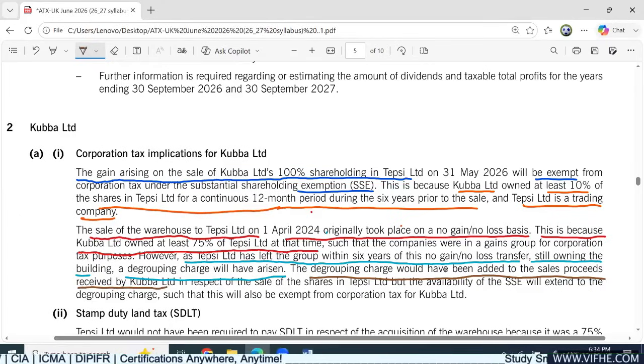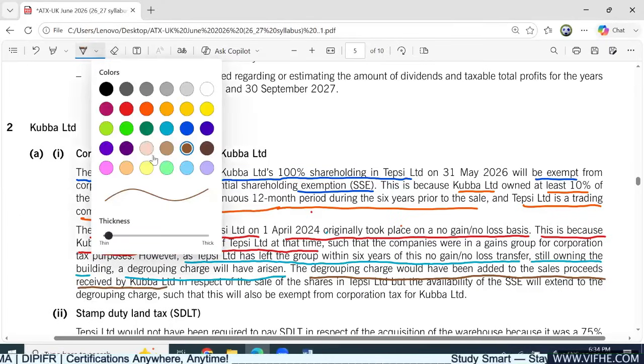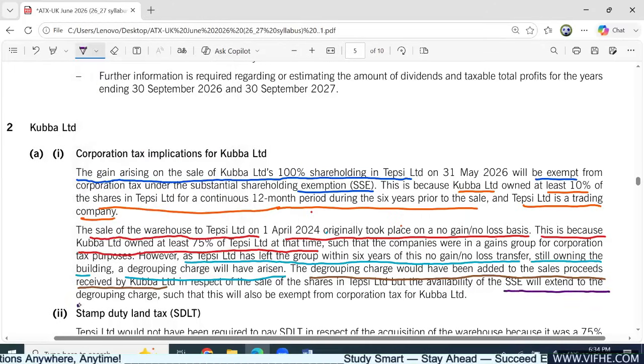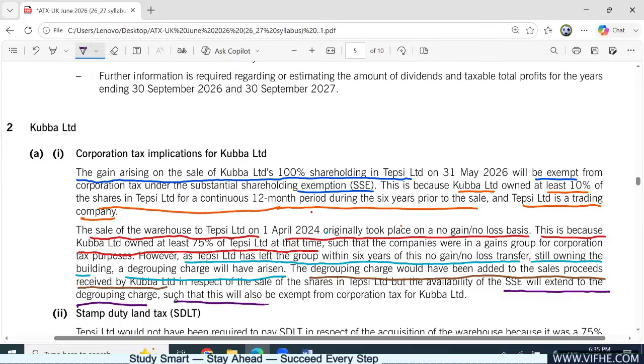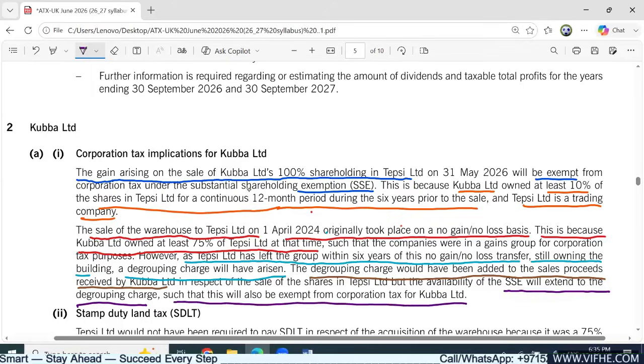But then the substantial shareholding exemption will be extended, as this had to be added into the disposal proceeds of the shares, and the share disposal is already exempted under SSE. So there is going to be no implication for corporation tax purposes, because if the company is not going to calculate any gain, it won't be paying any corporation tax.